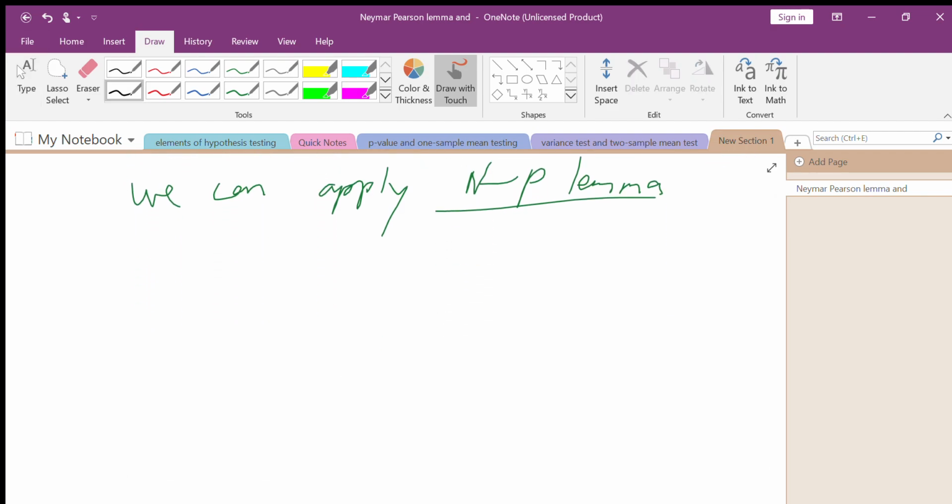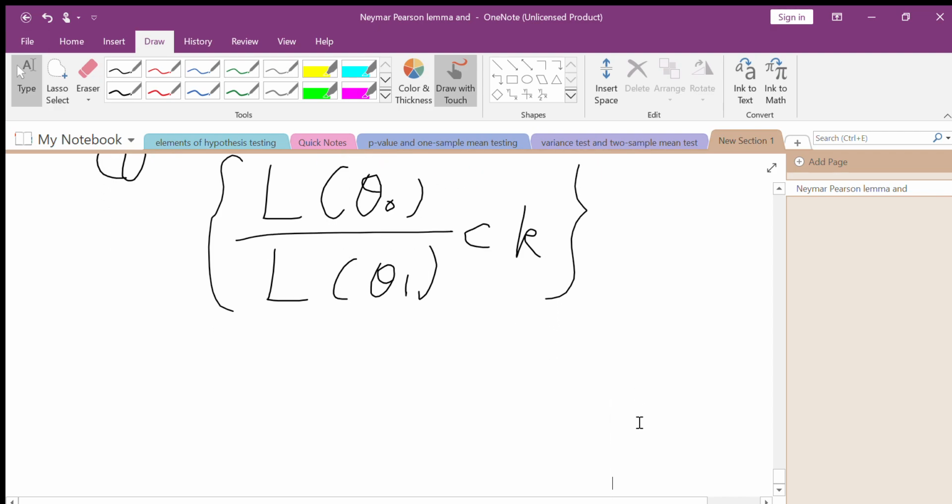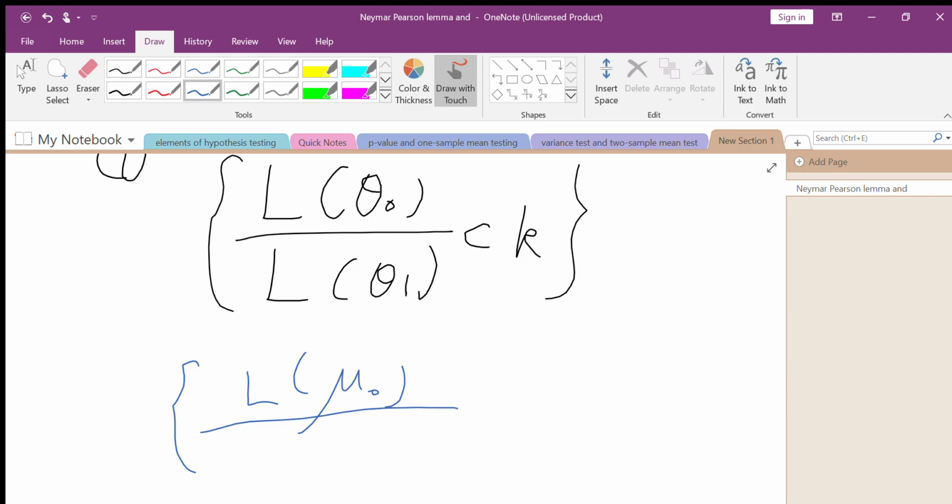So to apply the NP lemma, our first step is to write the rejection region. So the NP lemma rejection region is in this form: the likelihood ratio less than some constant k, and in our scenario, theta is mu, so the likelihood function evaluated at mu 0 divided by the likelihood function evaluated at mu 1 in the alternative hypothesis is less than k.